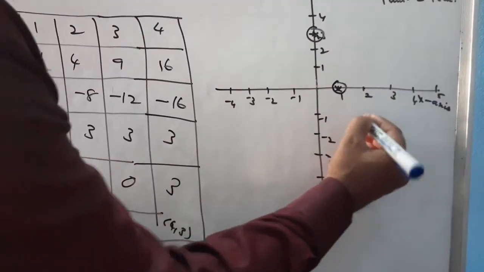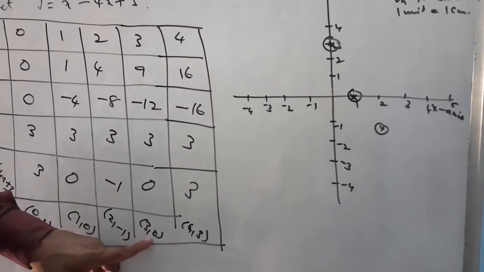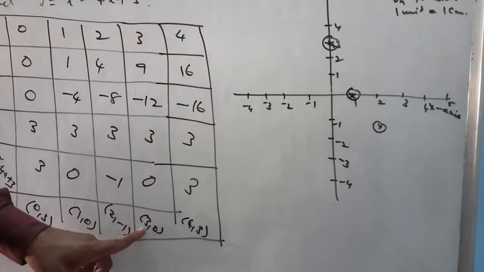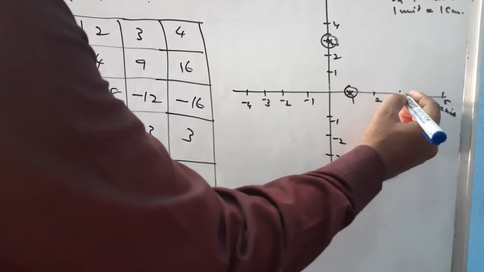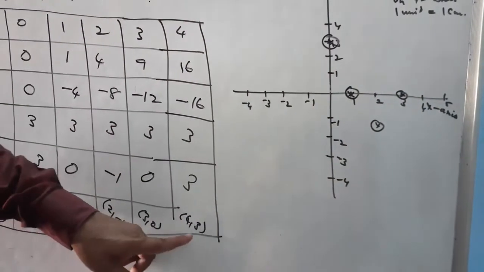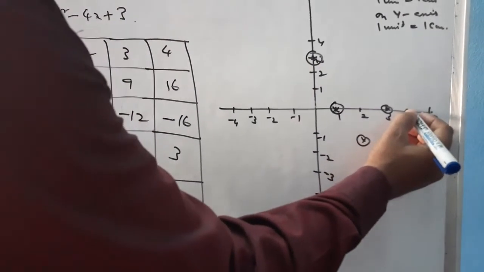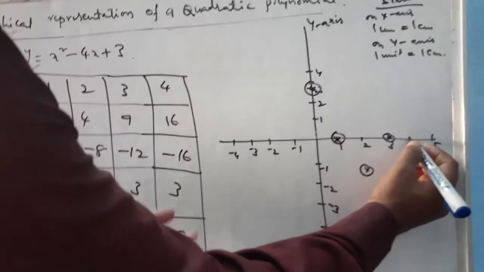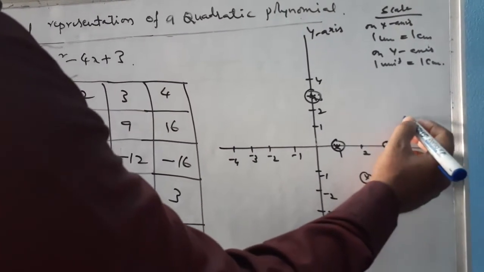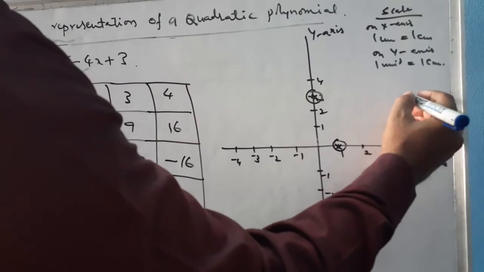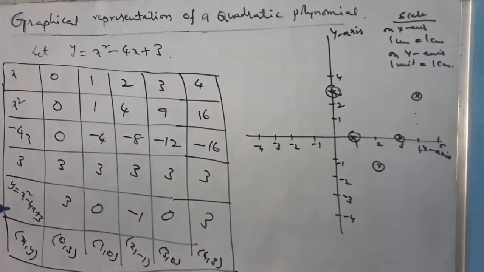Next, what about (3, 0)? The x coordinate is 3, so we take 3 on the x-axis, and 0 means it remains the same. (4, 3): on the x-axis we take 4, and plus 3 means we move upside 3 units, so 1, 2, and 3. This is the plotting of the points of this quadratic polynomial.